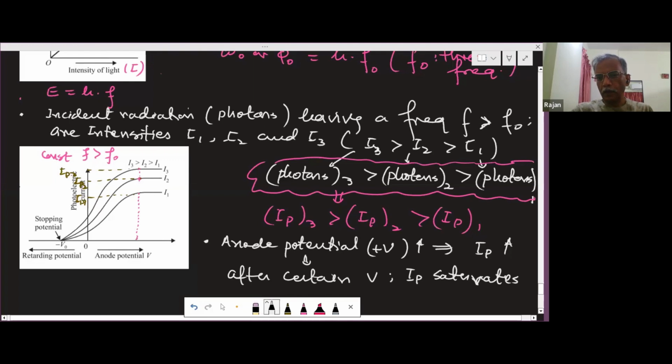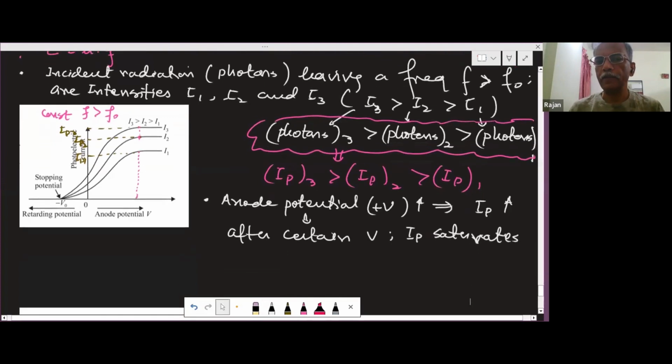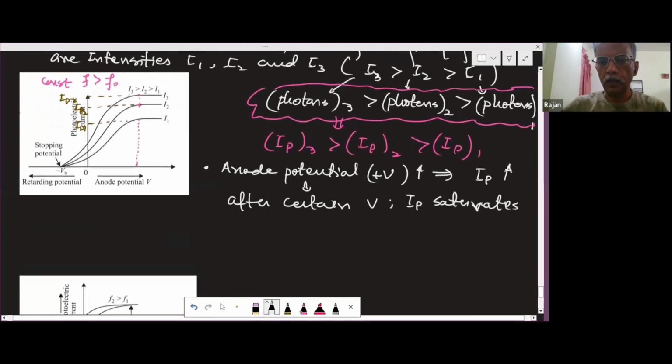Saturates means it will not increase, no matter how much anode potential you keep on increasing. So IP saturating means the photoelectric current doesn't increase.